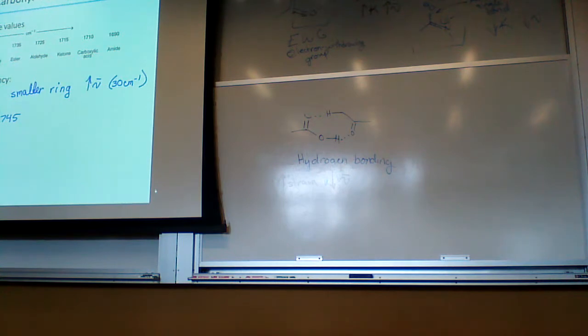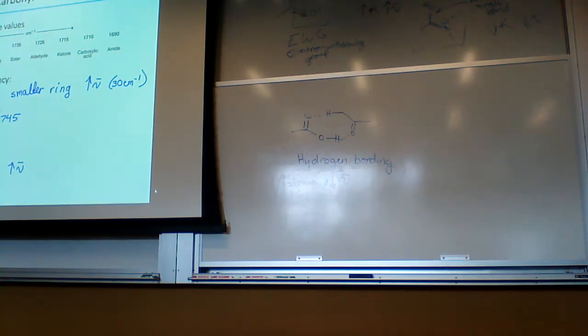If you add an electron withdrawing group, that is going to increase the stretching frequency. It's going to do the same thing it does with the ester, where you pull electron density away from the carbonyl, and it's going to make that carbon-oxygen bond a little bit shorter, and then the stretching frequency goes up. So those two, strain and induction with electron withdrawing groups, are going to increase your stretching frequency.